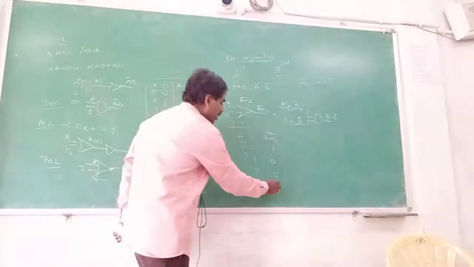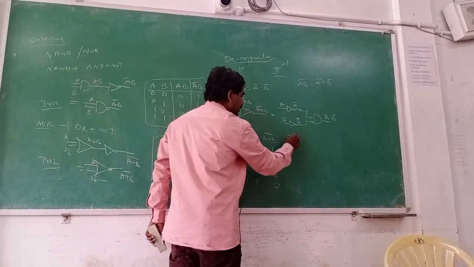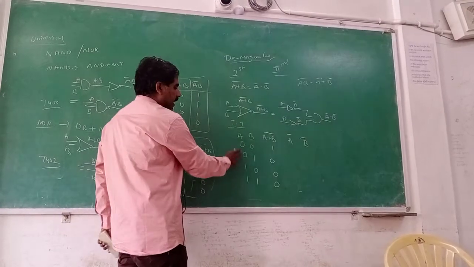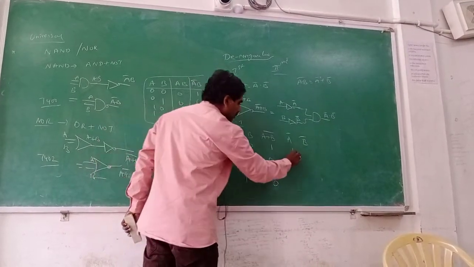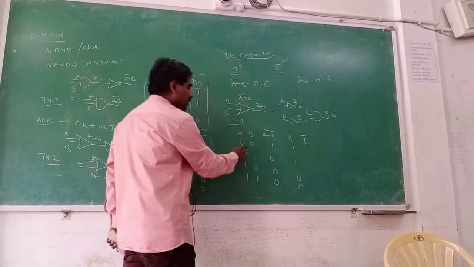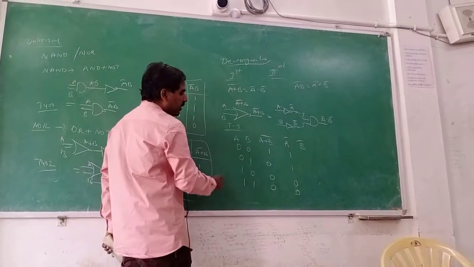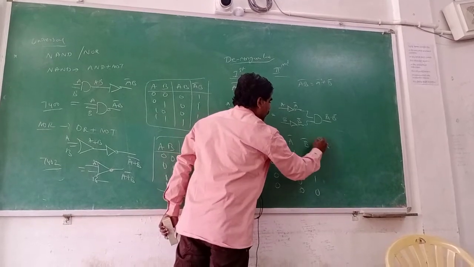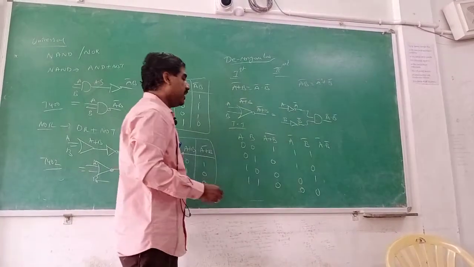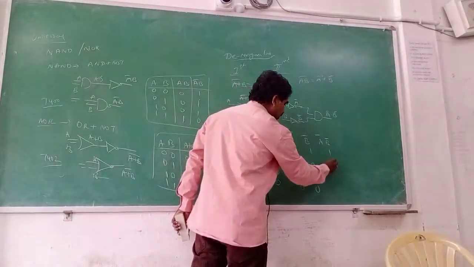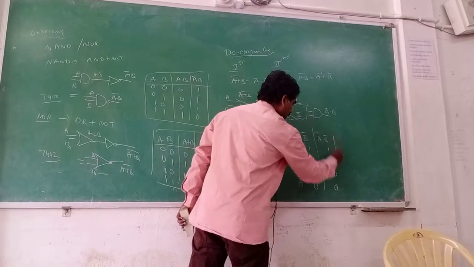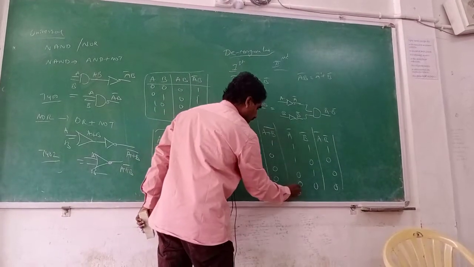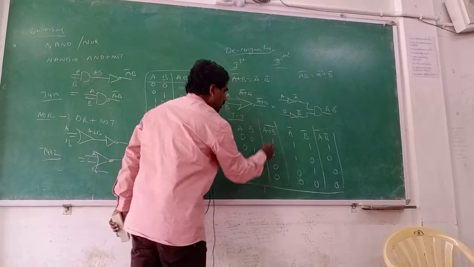A bar, B bar: A bar is 1 1 0 0, and the combination for the complement of B is 1 0 1 0. You simply take the product using an AND gate: 1 0 0 0. We can write this as LHS is equal to RHS.